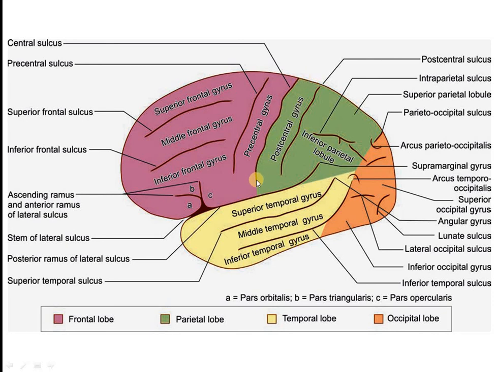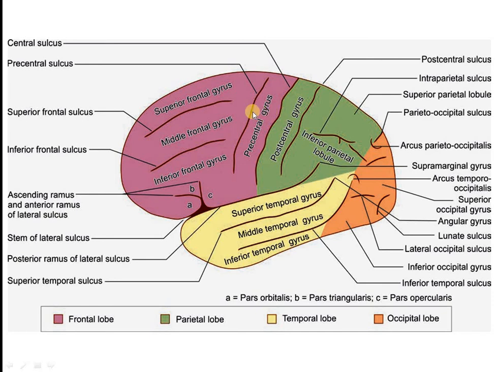The central sulcus divides the cerebral hemisphere into two regions, the frontal lobe and parietal lobe. The region located in front of the central sulcus is called the precentral gyrus, and the region located behind the central sulcus is called the postcentral gyrus.